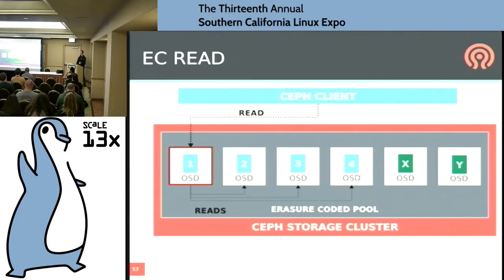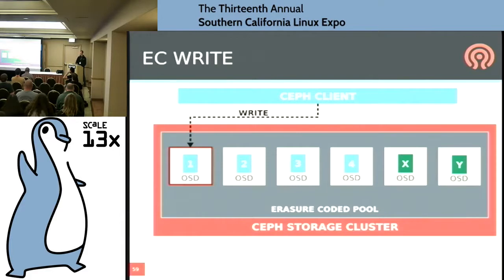Except the primary, instead of having an entire copy of the object, is going to send off little messages to the other shards to gather up all the pieces it needs to satisfy that particular read. Pull them back, do the erasure code calculation, possibly if it needs to, or assemble the data, and then send the buffer back to the client for the reply.